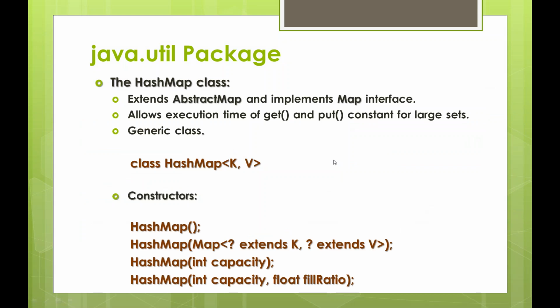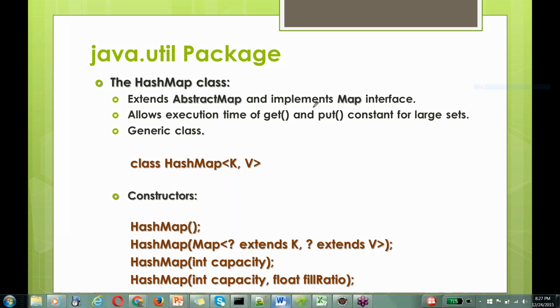Let us start with the concrete classes. First, we will start with hash map. It extends abstract map and implements the map interface. It has get and put methods with constant time, even for large sets, millions and millions of rows you might have in your database, which you want to map and store in your maps.